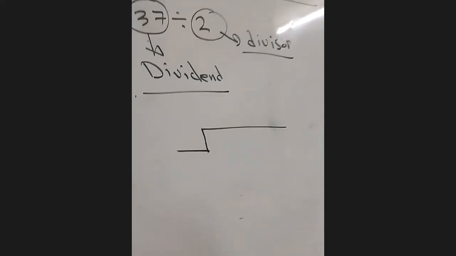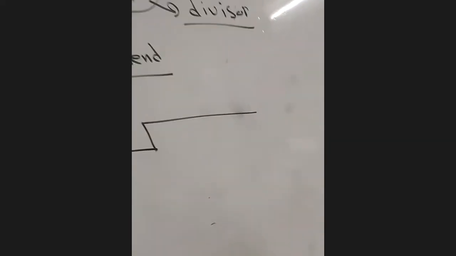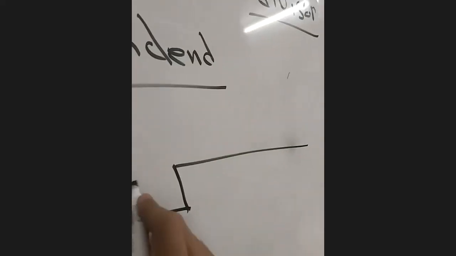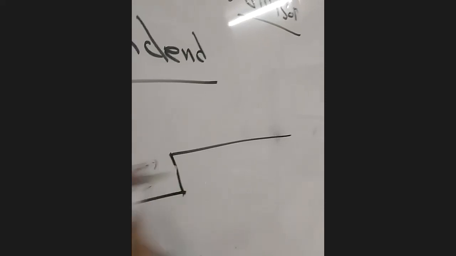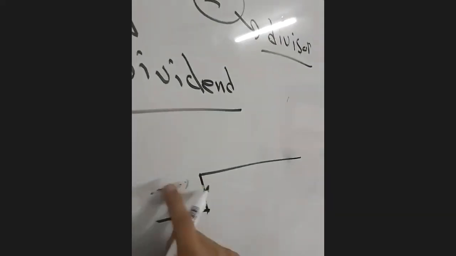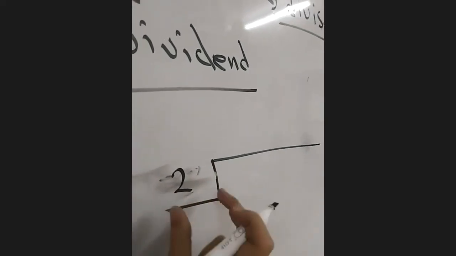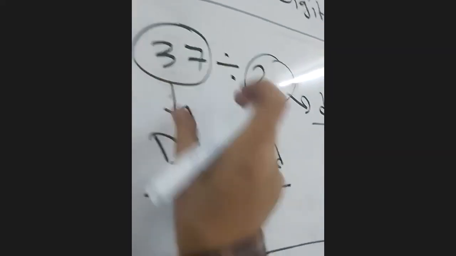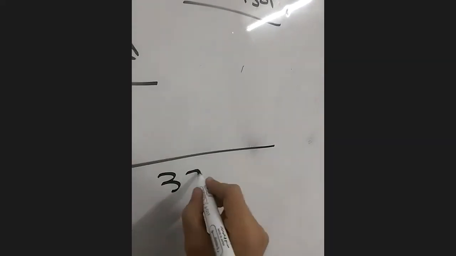Long division. Okay? Now, for example, here, 37, we will write the 2, the divisor, here. This is the place of the divisor. And the 37, the dividend, it will be here.